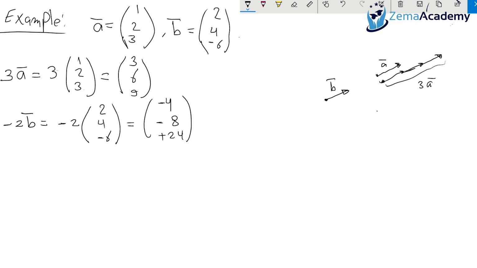For example, if you have B and then you say minus B, you change the direction of B. So if B is in the up direction, you will have minus B down. Okay? If you multiply it by 2, you will have 2 B's, so another B here. So in total, you will have minus 2B. Okay?